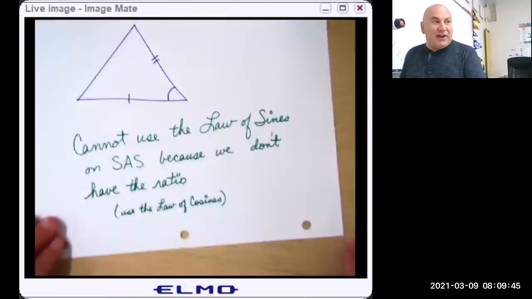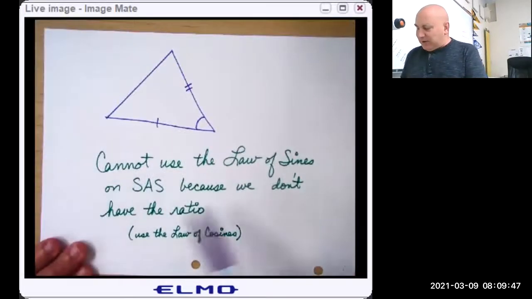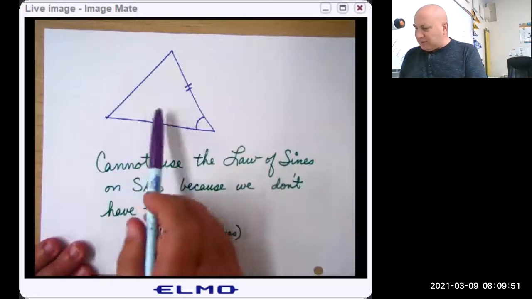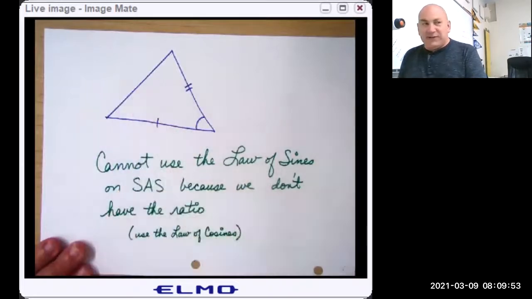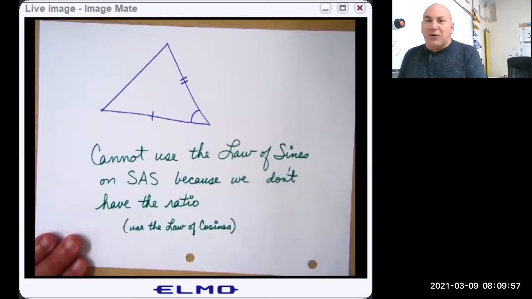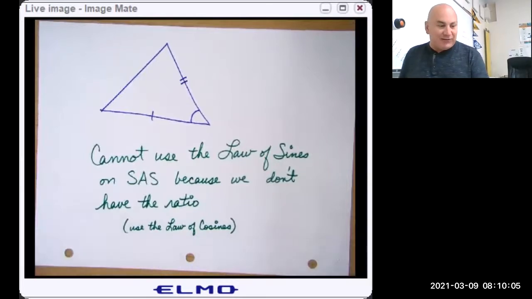What doesn't work great is if you have side, angle, side, because there's no way to get either of these other angles or this side using the law of sines, because we don't have the sine ratio for that triangle. In our next lesson, we're going to learn the law of cosines that will allow us to deal with side, angle, side.